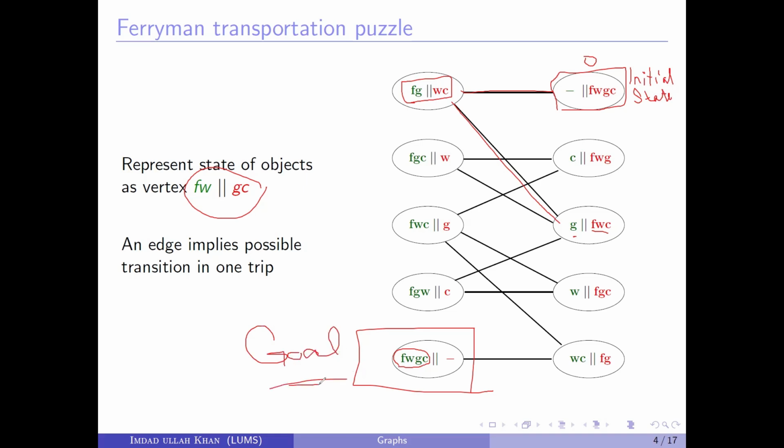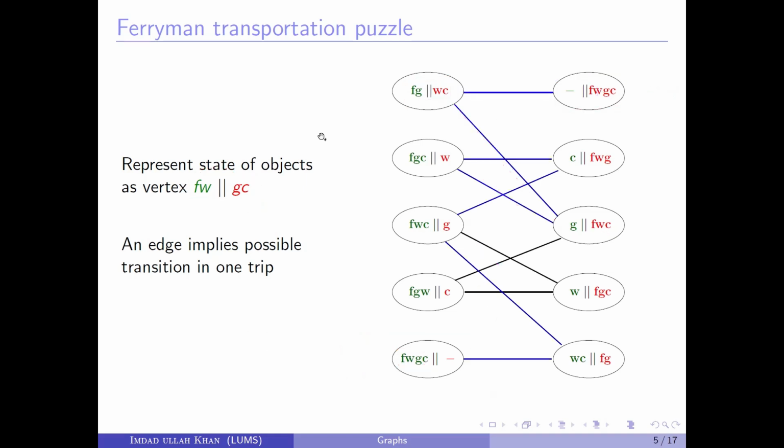In other words, our task in terms of graph theory is to figure out a path from this vertex, through valid edges, to reach this one. These blue edges now represent the path which will actually take us to the goal state.